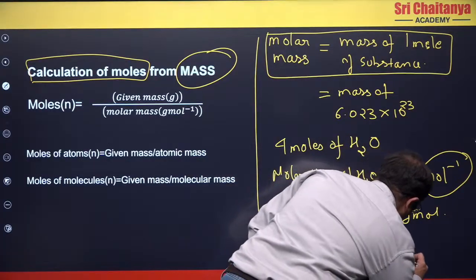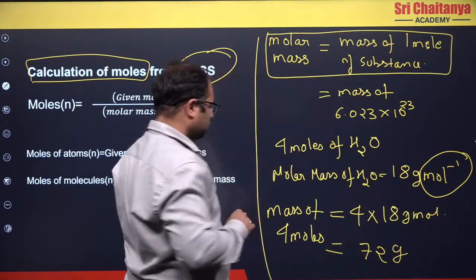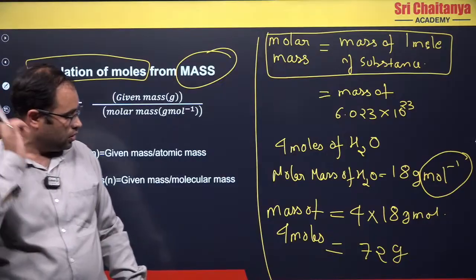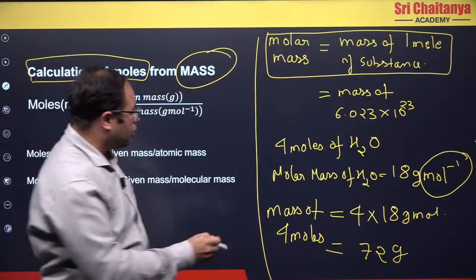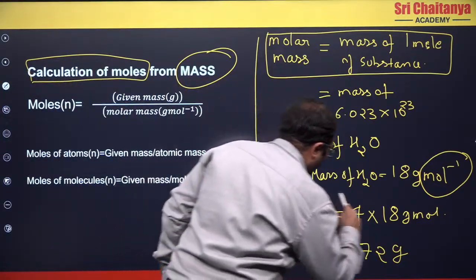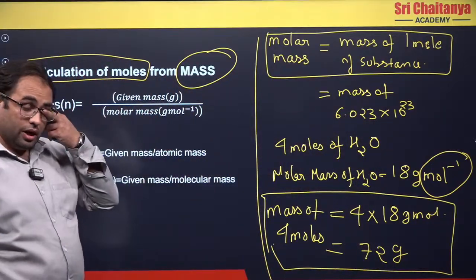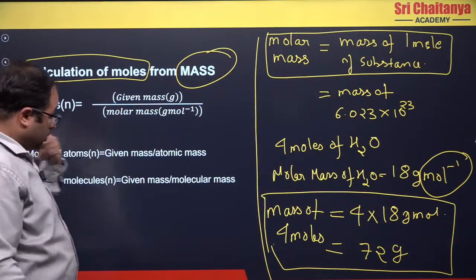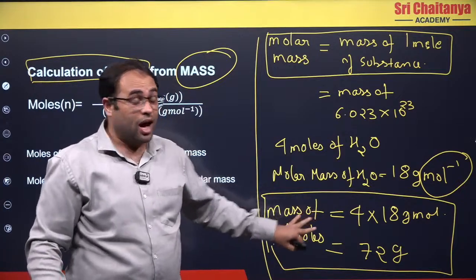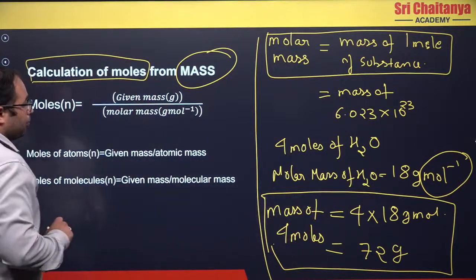So you'll get around 72 grams, right? Now focus your attention on this last thing what I have done. From this you can get this formula easily. So this is the total mass. Mass of 4 moles is actually what?